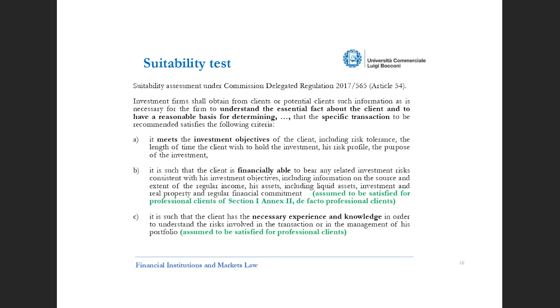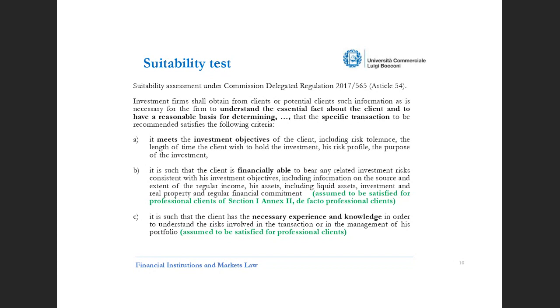The suitability assessment is therefore an assessment that is looking forward to capturing the capability of the client to understand the essential facts about the transaction.